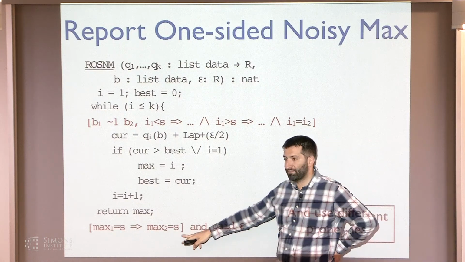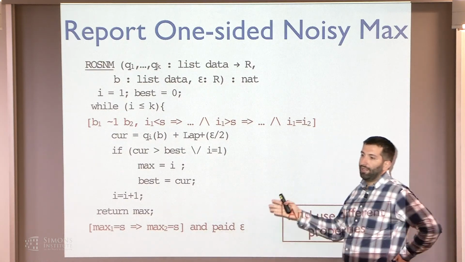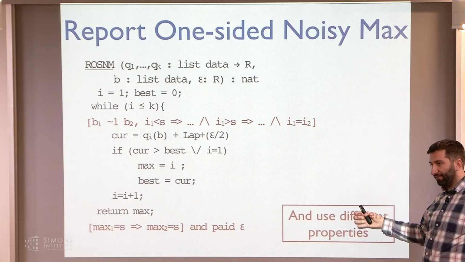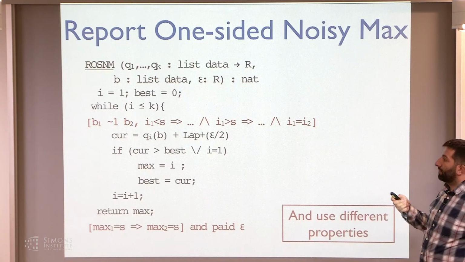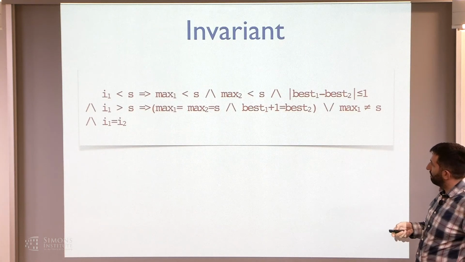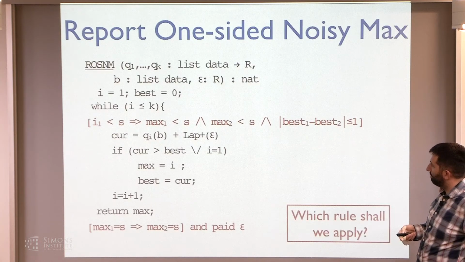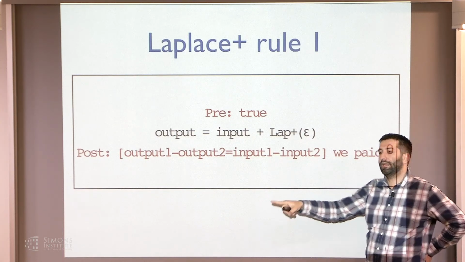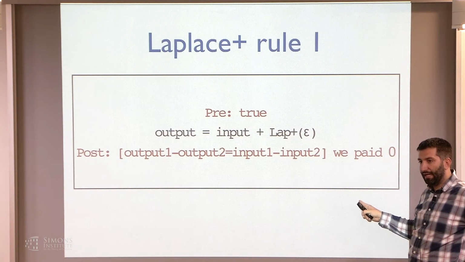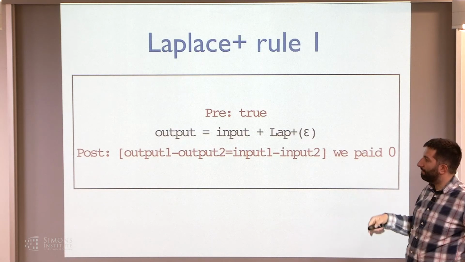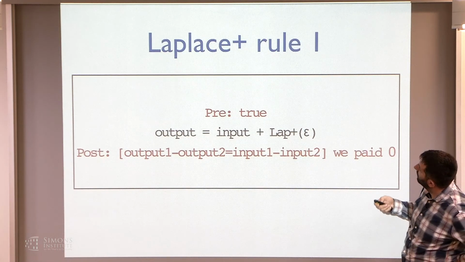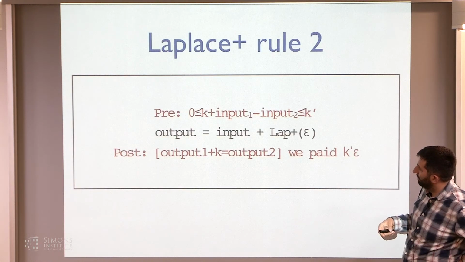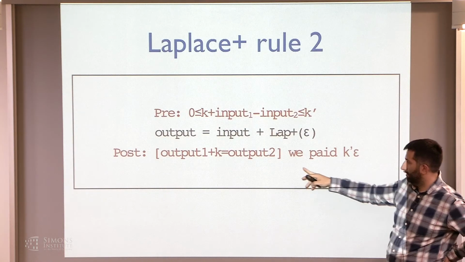Since the output must be S, we know that we don't want to pay for the loop before and for the loop after. So we use this coupling that we just saw, the one that pays 0, in all the iterations before S and all the iterations after S. And then we use another coupling for the case where we are in S, which is this one.